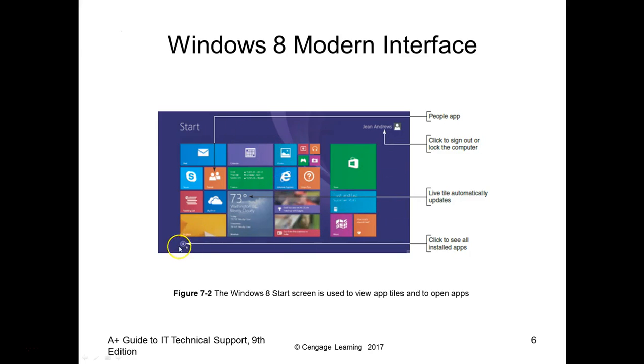In addition to these tiles, you also have this little button down here which would allow you to go and see every app that is currently installed within your Windows machine. That way you can come back here and personalize these tiles. You can drag and drop these to rearrange them and put them into groups so that it's more comfortable for you to use.